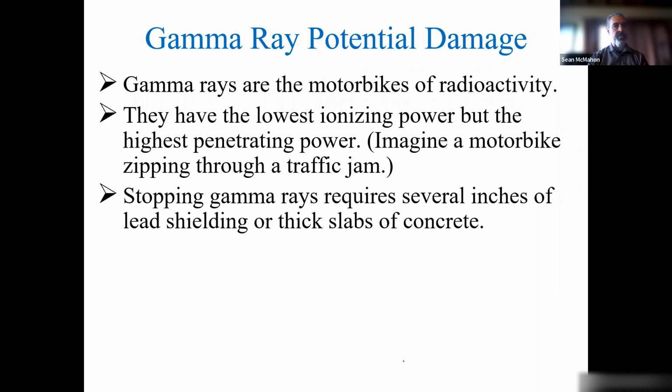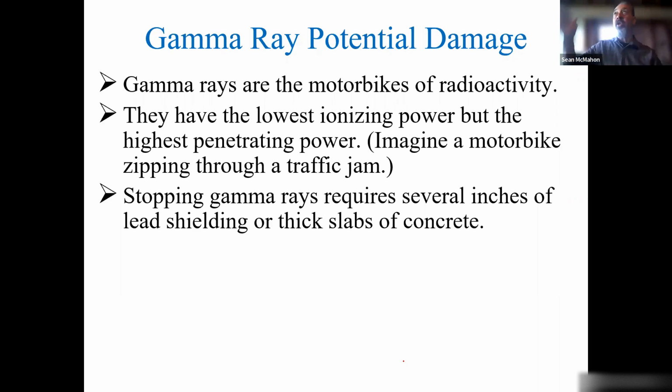So stopping a gamma ray is really difficult. In fact, how does energy travel through space over these long distances? Through electromagnetic radiation. And what's the electromagnetic radiation that travels the furthest? Gamma rays, all the way from the sun and other solar systems.